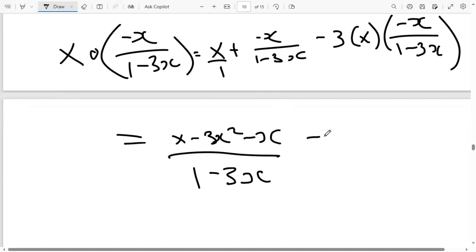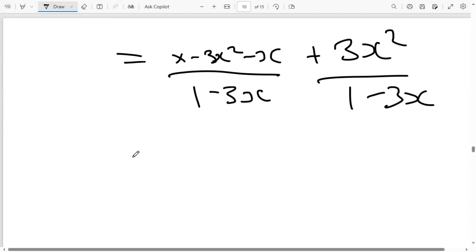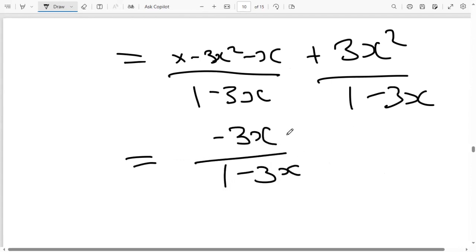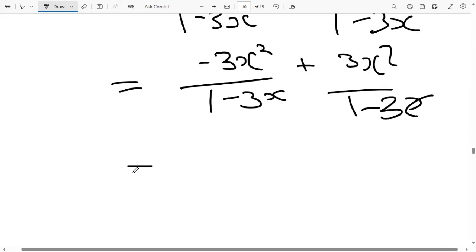And then on the other side, I have minus 3 multiplied by x multiplied by minus x, which gives me a plus 3x squared, and then I have 1 minus 3x. Then x minus x will just be 0, and here I have minus 3x squared over 1 minus 3x, plus 3x squared over 1 minus 3x. So when we add this, we're just going to get 0. So we have proved it.